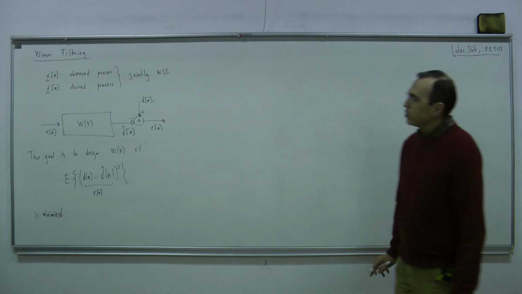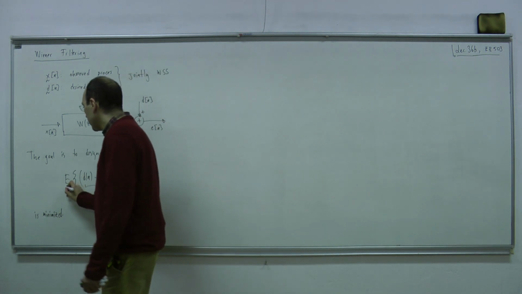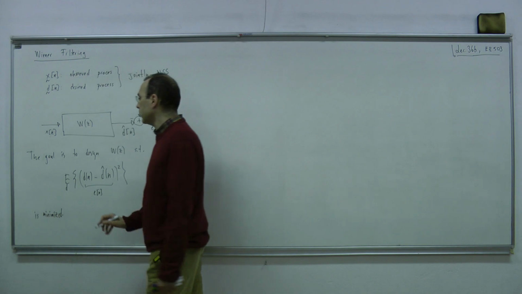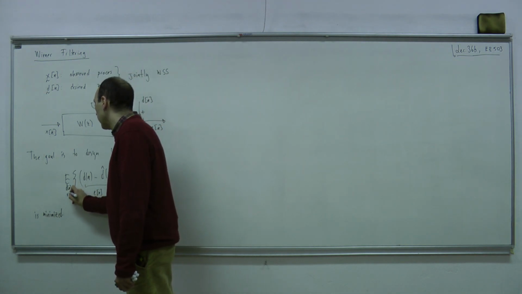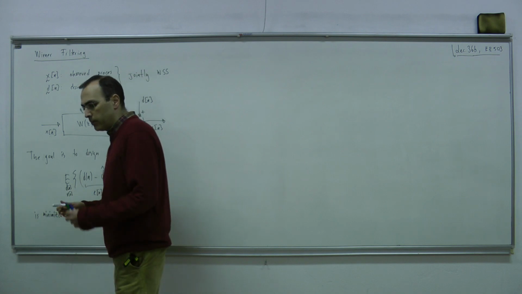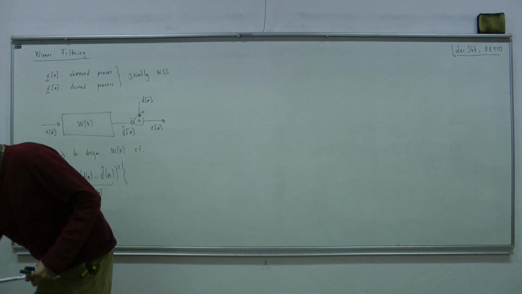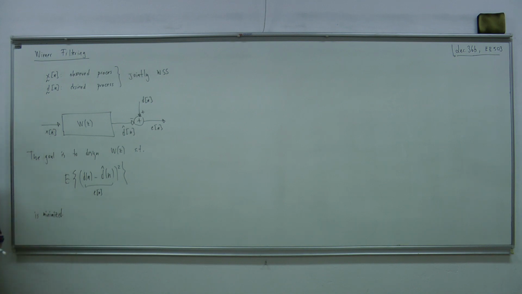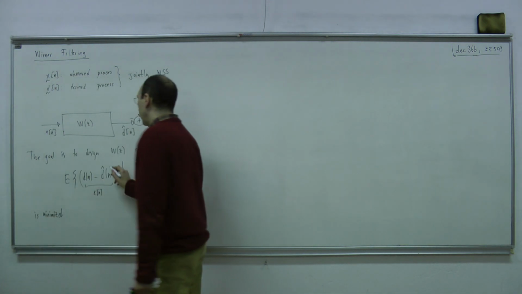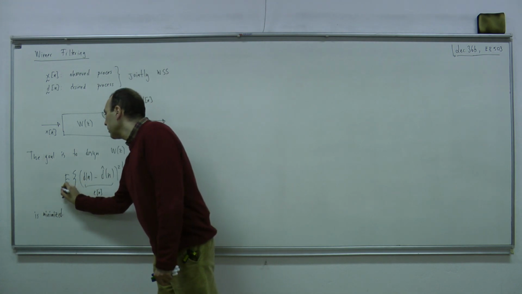So this expectation is obviously over this desired process, let's say D of n and X of n, isn't it? But since this filter is, let me erase this. So I should define this filter. So this is, let me write it like this.